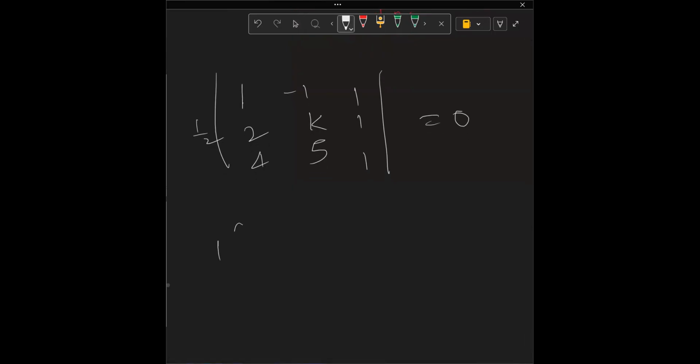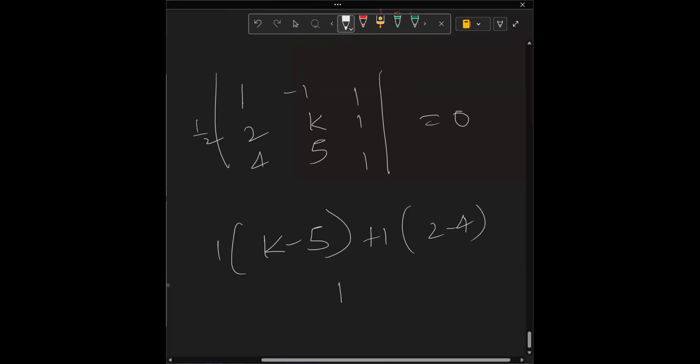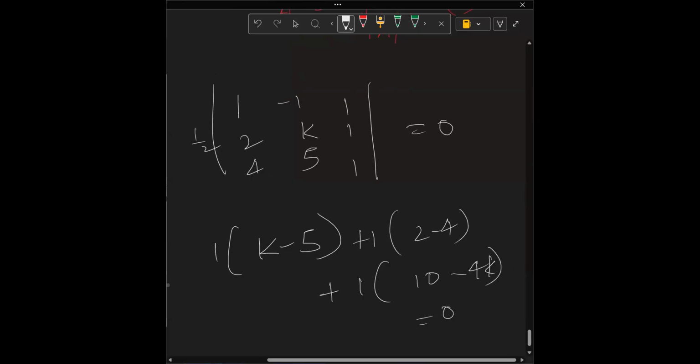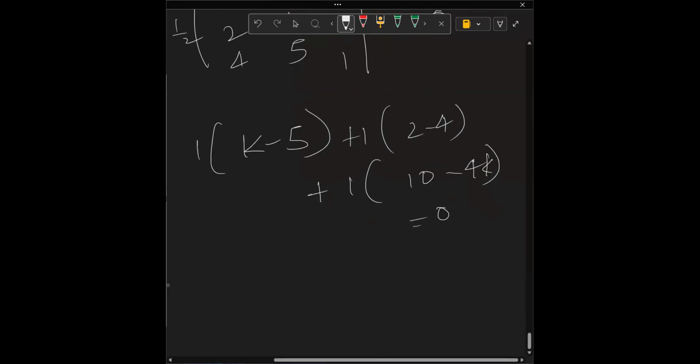So now just check: 1 times (k minus 5), plus 1 times (2 minus 4), -2, yeah, plus 1 times (10 minus 4k) is equal to 0. So it will be k minus 5 minus 2 plus 10 minus 4k.